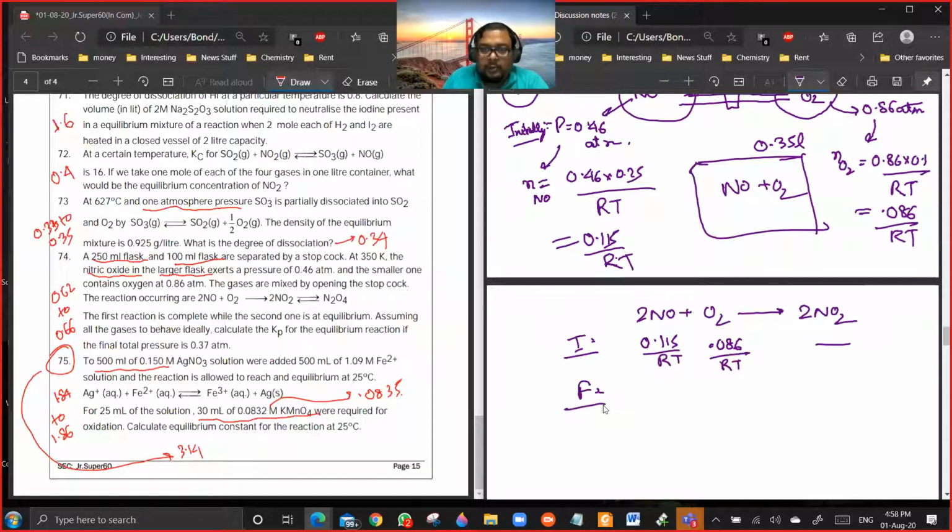So you have to see which one is the limiting reagent. Can you tell me which one is the limiting reagent? O2 is the limiting reagent. Why is O2 the limiting reagent? Tell me. What was the concept of limiting reagent?